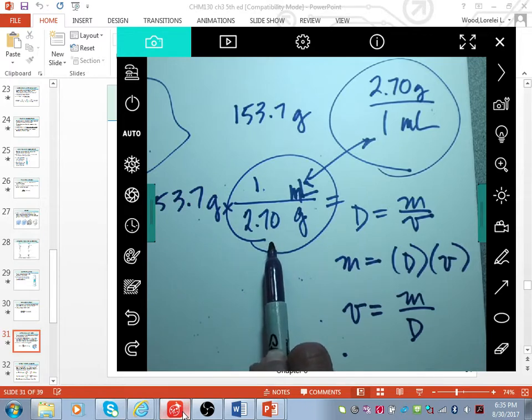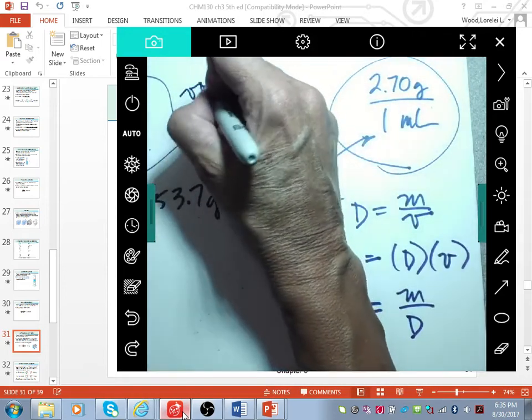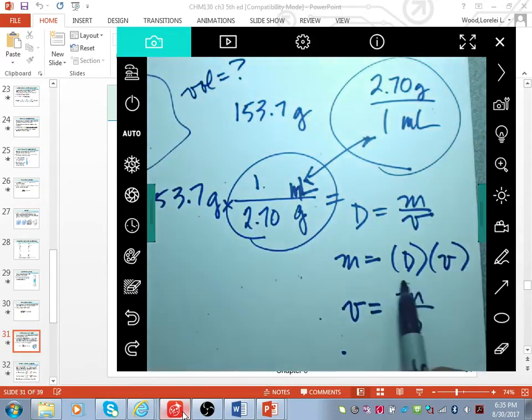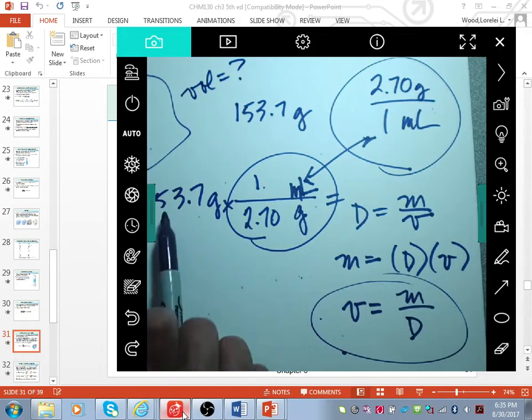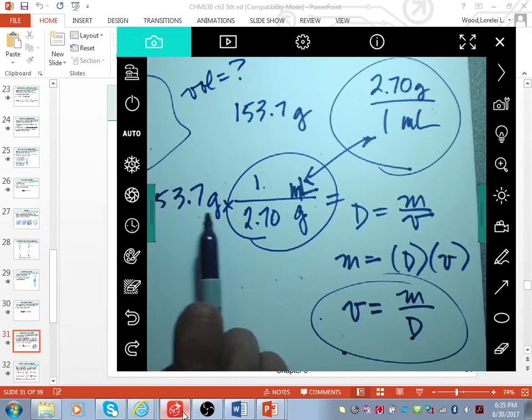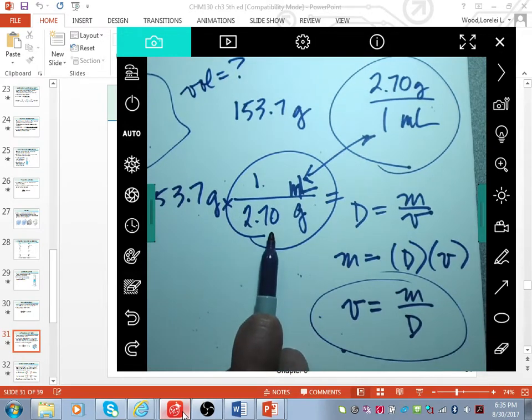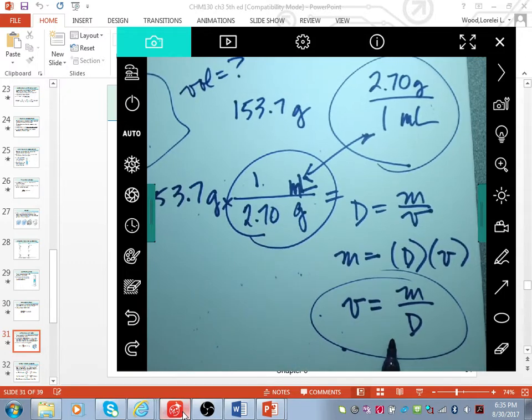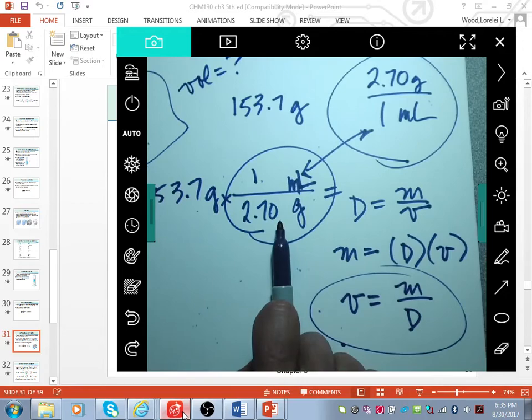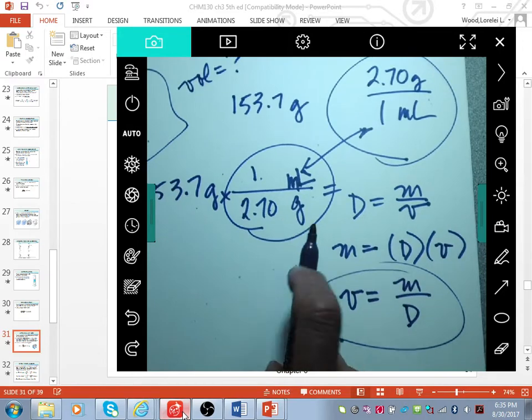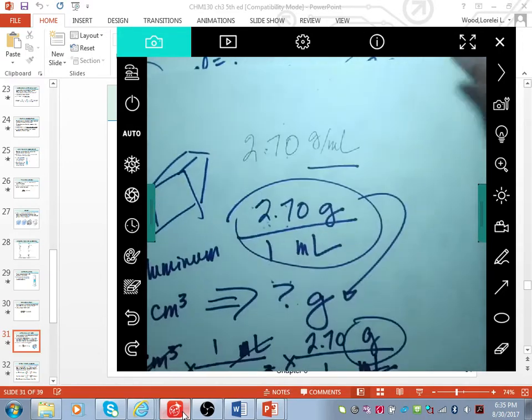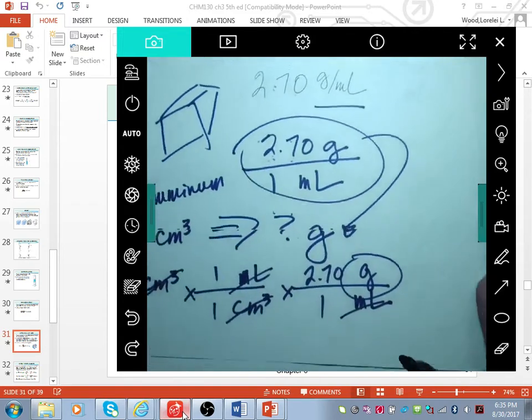What was I solving for here? We didn't know what the volume was, so I used this formula, didn't I? Didn't I take the mass and divide it by the density? Isn't that what I did? So if you like algorithms, use algorithms. If you like them as conversion factors, use conversion factors. Conversely, what was I solving for here in this problem?